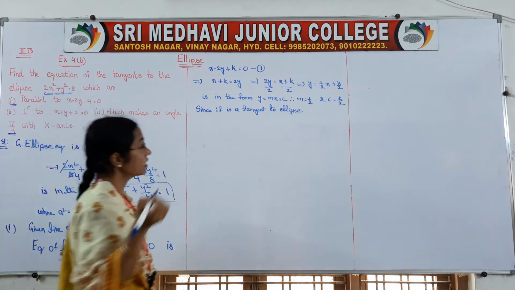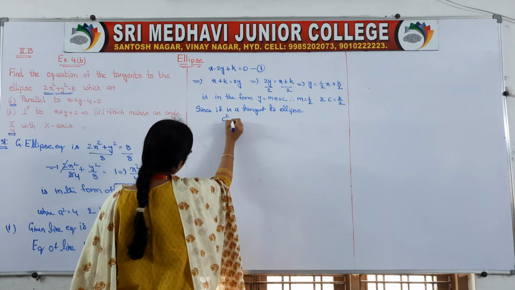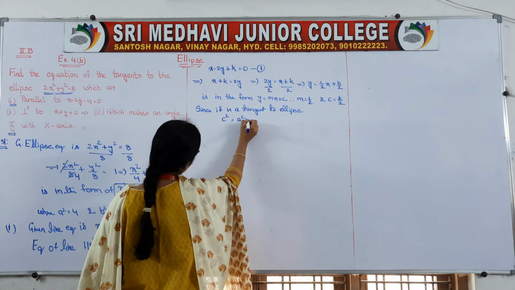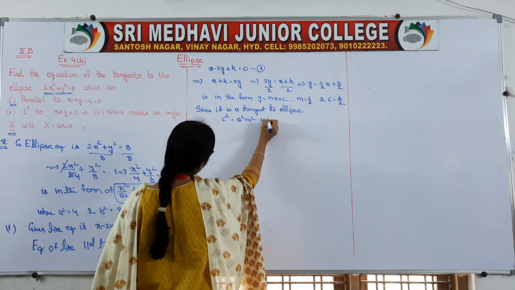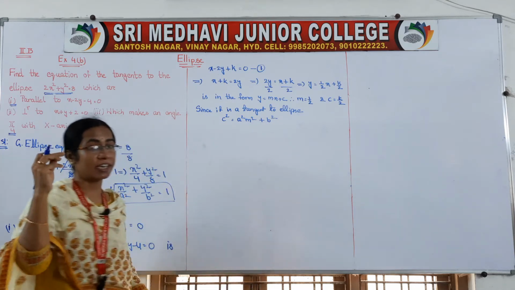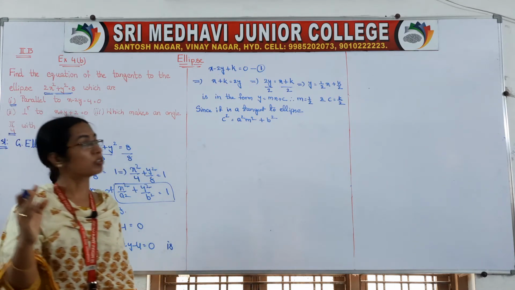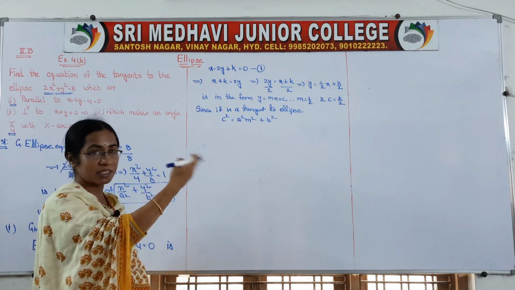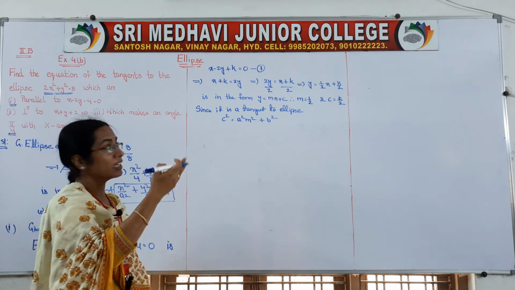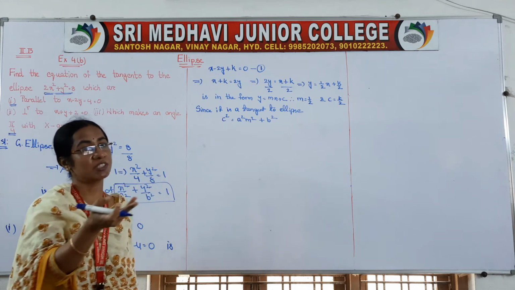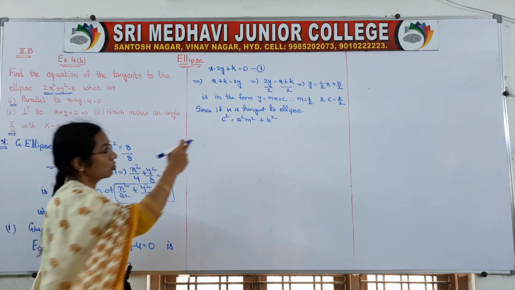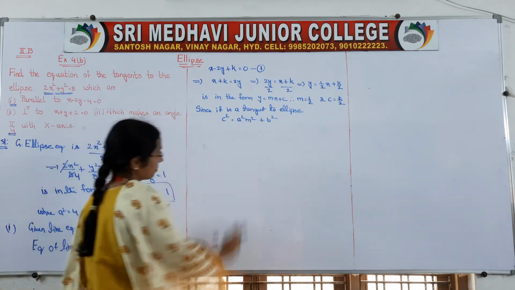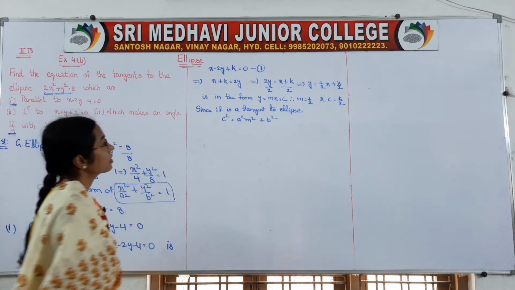What is that condition? c square is equal to a square m square plus b square. Whenever any line is a tangent to the ellipse, it has to satisfy this. We proved this theorem, isn't it, in the previous class. What is the condition for lx plus my plus n is equal to 0, isn't it? So this is the condition. Okay. So come on, what is your c?